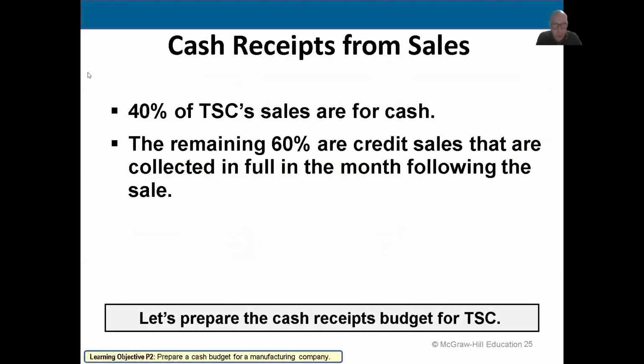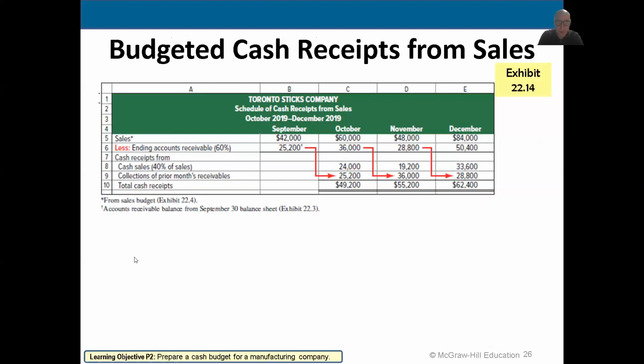For example, 40% of our customers pay us in cash up front. The remaining 60% of our customers pay us on account, or accounts receivable. And so I can plan the amount of cash that I would receive on a monthly basis. We take our total sales, and if I know that 40% of my customers are going to pay in cash, I can put that there.